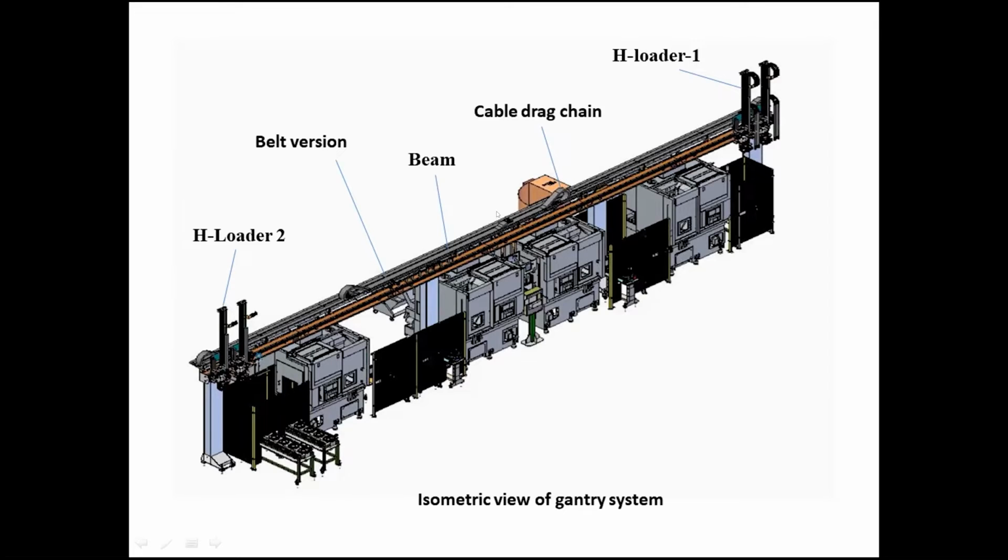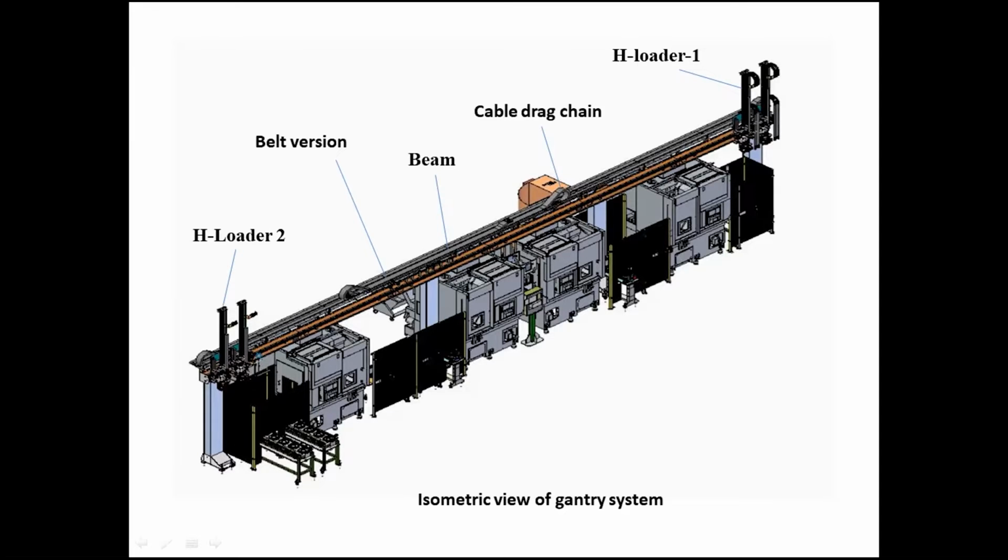Then there is a cable track chain, the IGUS company chain, we call it the IGUS chain. Then a belt version is used, where a belt is used to move on the gantry system from the input conveyor to the output conveyor and do the subsequent operations.